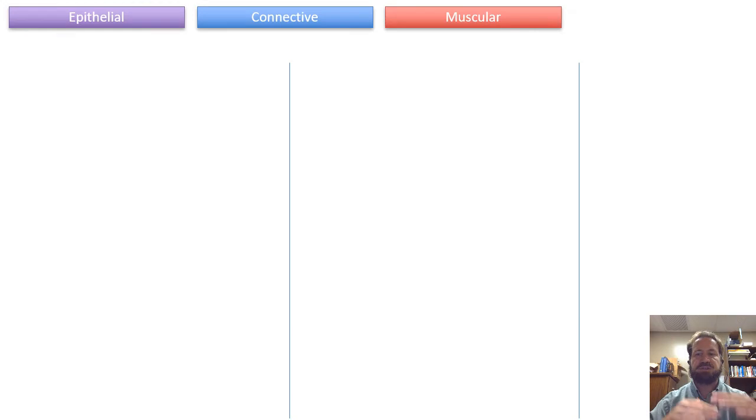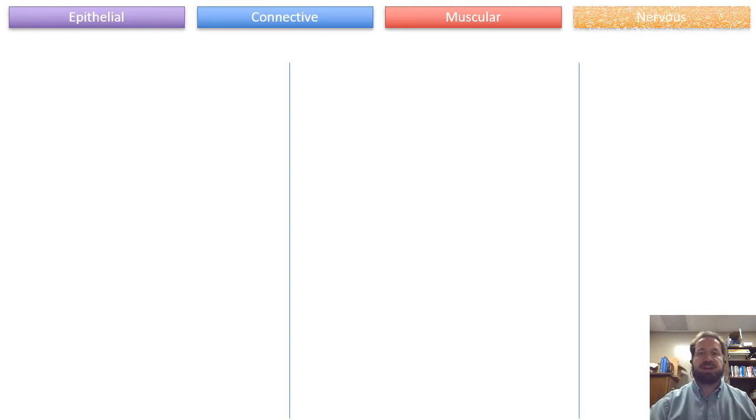Muscular tissues consist of cells that can shorten themselves and therefore can cause action to happen. They're what we call a functional tissue. So muscular tissues can adjust the size of an organ, or they can cause a body part to move, or, in the case of cardiac muscle, pump blood through your heart.